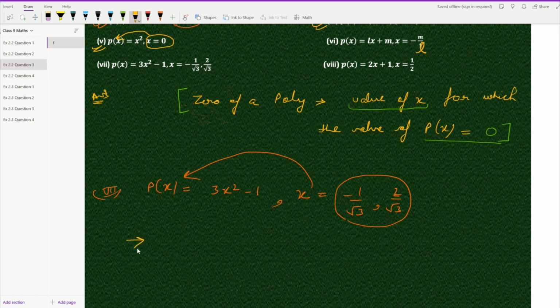Don't be afraid of any value of x, even if it is an irrational number like root 3. Just put this value of x in the polynomial.